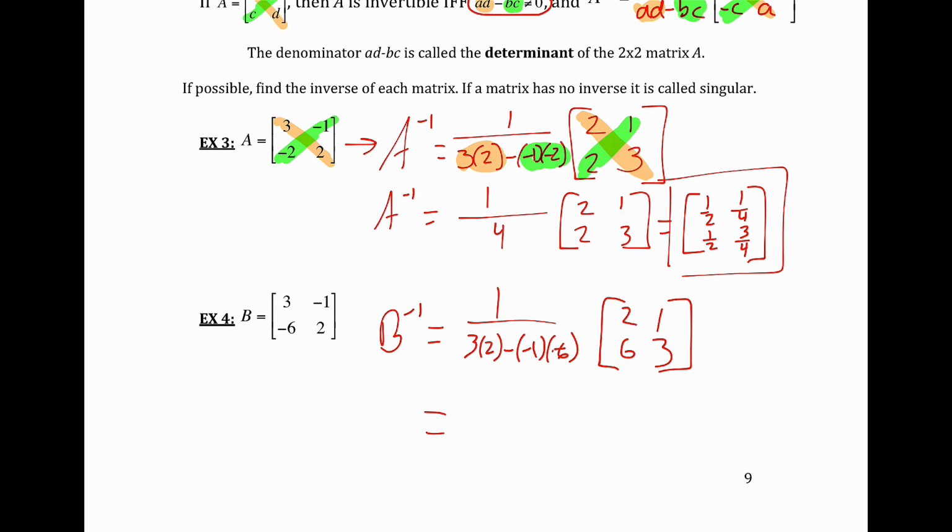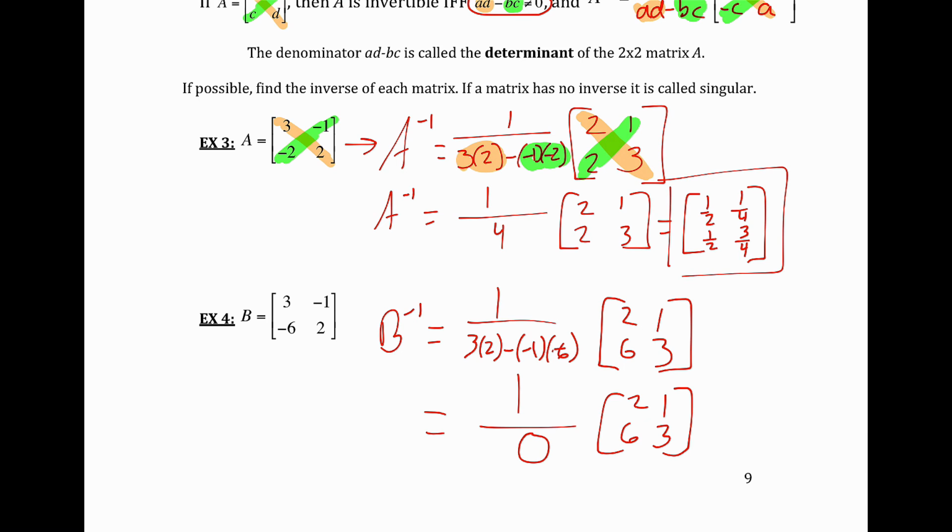Now, looking at this, our denominator is 3 times 2, which is 6. Then we have negative 1 times negative 6, sorry, that's a sloppy negative 6, which gives us positive 6. So it ends up being 6 minus 6, which is 0. Folks, that's a problem. In fact, I told you to do it, and I didn't do it myself. The denominator of 0 doesn't work.